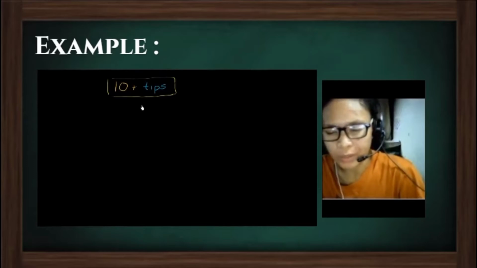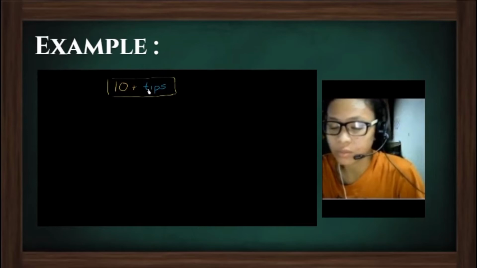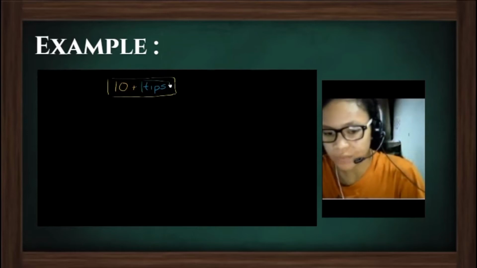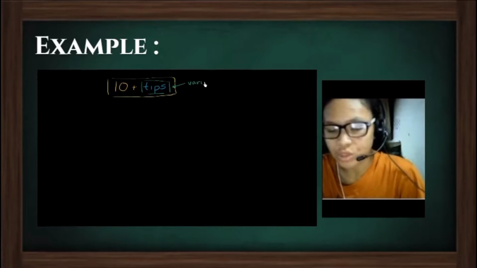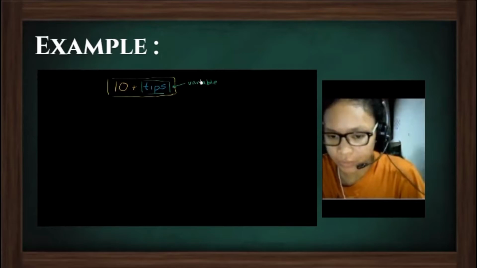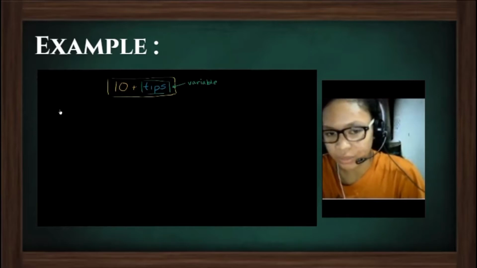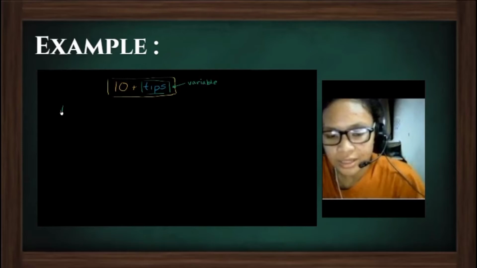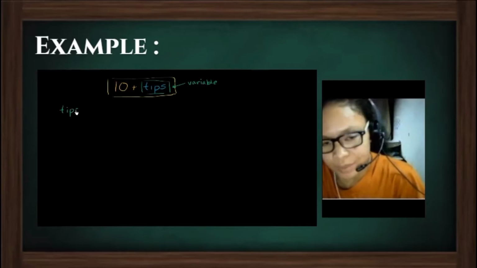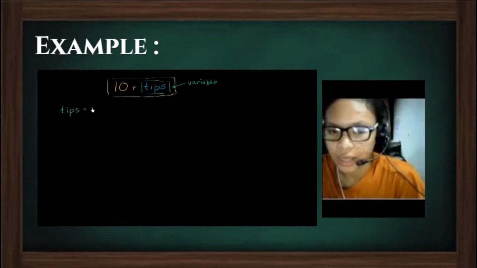One hour it might be lunch, a lot of tips, and the next hour no customers, the tips might be really low, so that changes. So the tips part right over here, we can consider to be a variable that could change from scenario to scenario.